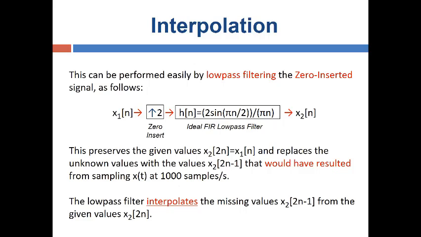How we do that is first we'll do that upsampling, that zero insertion, and then I'm again going to use a low-pass filter. An ideal, in the theoretical case, an ideal low-pass filter to get rid of those extra spectral copies. And what that will do in the time domain is bump up those zero values that I inserted to an interpolated value in between the existing ones.